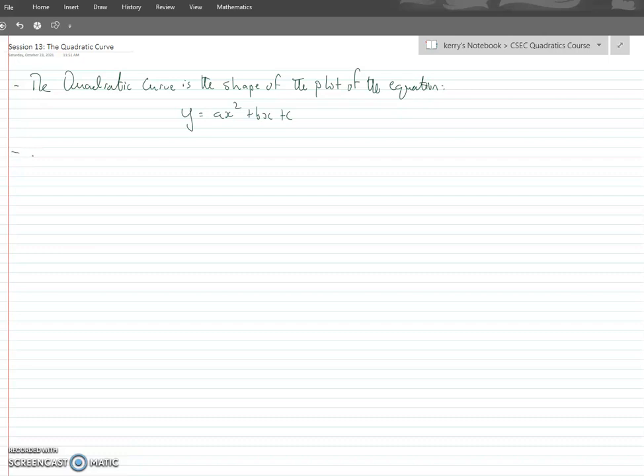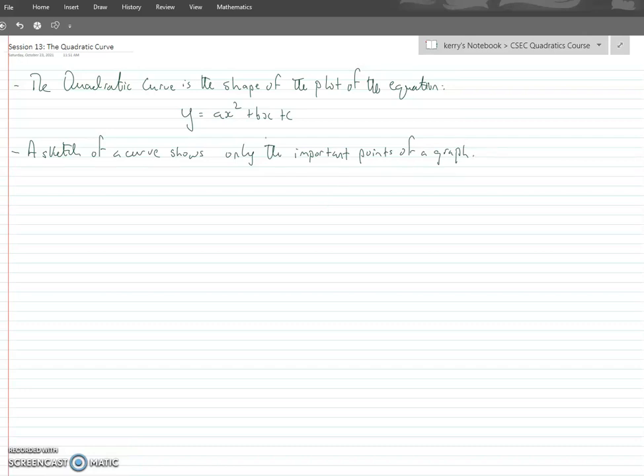Before we go into this section, I want to talk about what a sketch is. A sketch of a curve is not a plot. It shows only the important points of a graph, and we'll talk about those points for a quadratic graph in a very short while.